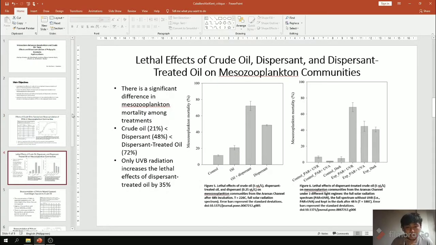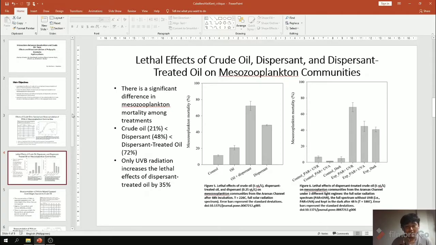So for this graph, this is the lethal effects of crude oil, dispersant, and dispersant-treated oil on mesozooplankton communities. It showed that there is a significant difference in mesozooplankton mortality among treatments. The treatments are crude oil, dispersant, and lastly dispersant-treated oil.